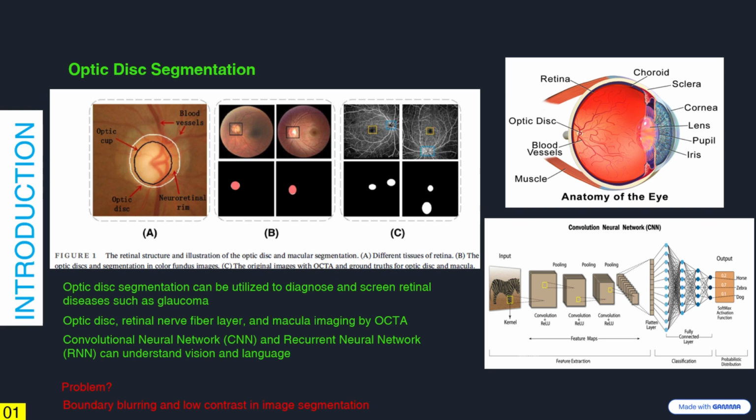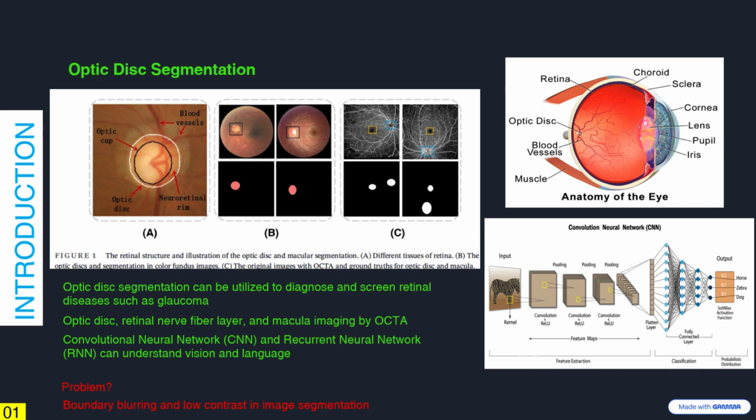This kind of imaging technique is very important for the doctor to determine the correct treatment for patients. One way to image the eye is using OCTA, because OCTA can directly image the optical disc, retinal nerve fiber, macula, and other layers inside our eye with a non-invasive procedure.